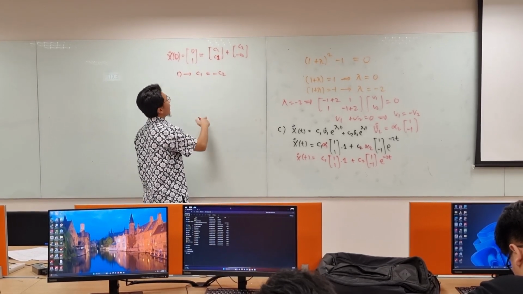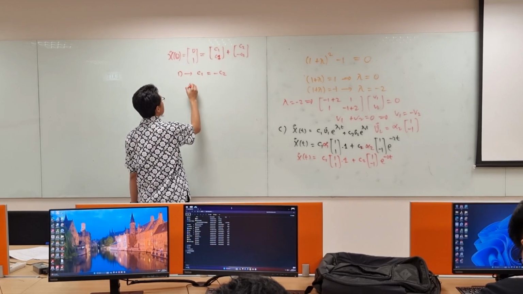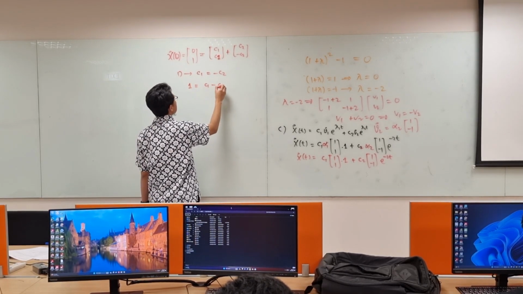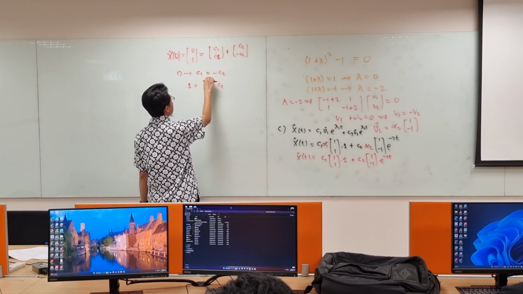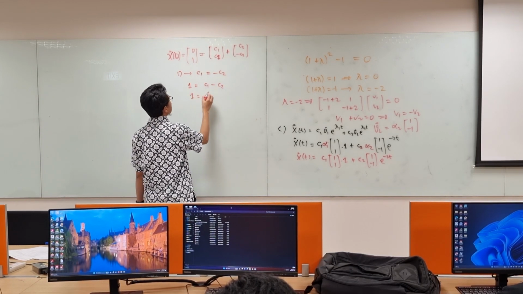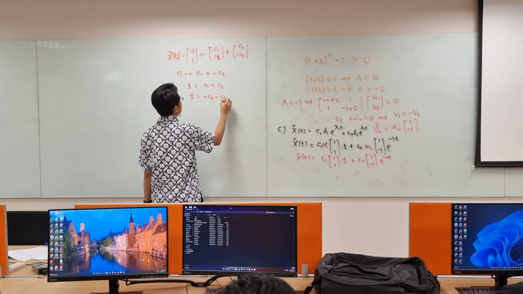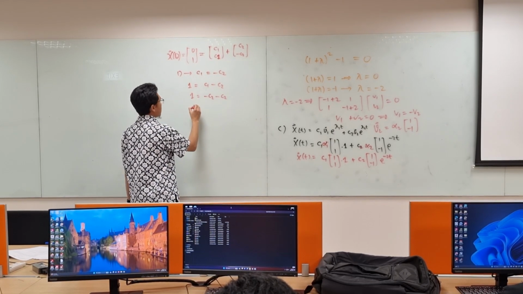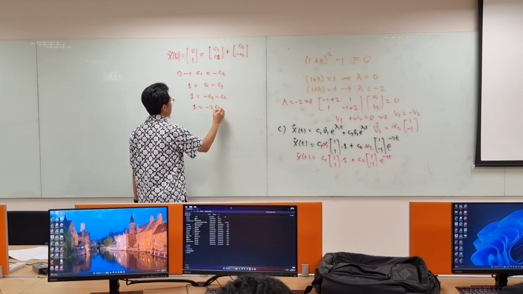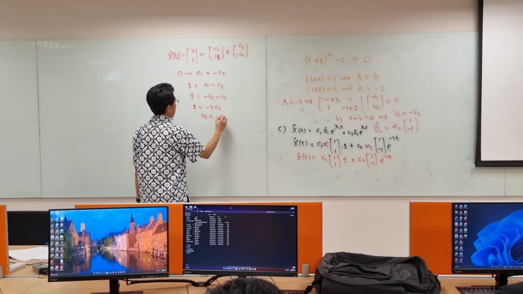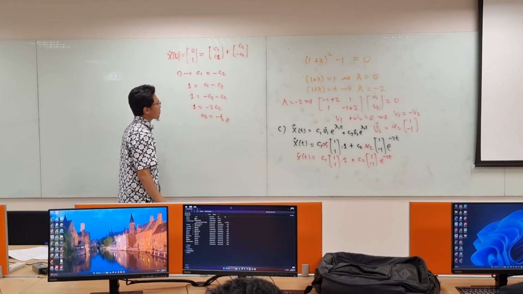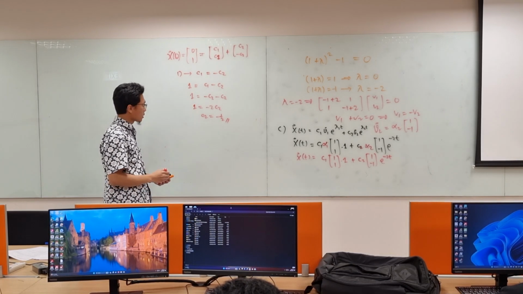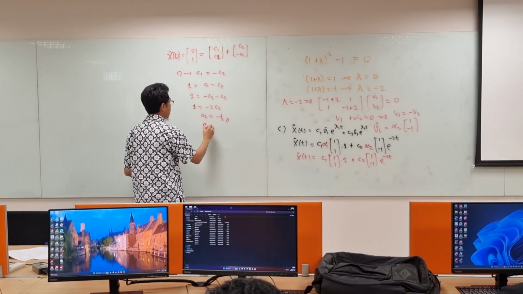The second equation says 1 is equal to C1 minus C2. Substitute this: 1 is equal to minus C2 minus C2, so 1 is equal to minus 2C2, and C2 is minus half. And then C1 is just half.